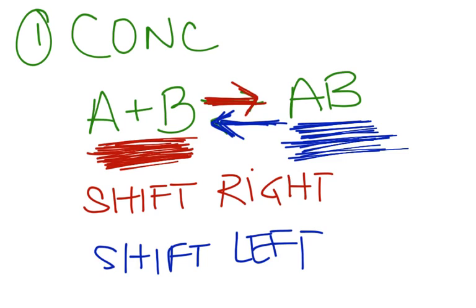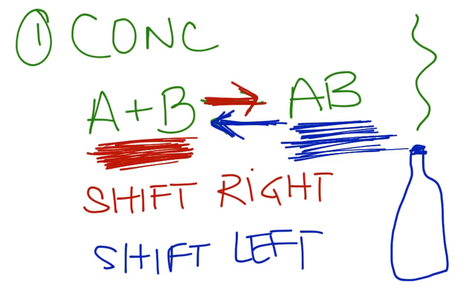It actually happens with your sodas. If you have a nice little bottle of soda, my gosh, that's the worst bottle I've ever drawn in my life. Just blame the fact that I'm drawing with a finger. When you open the top, the carbon dioxide whoosh comes out. But before you opened the top, the carbon dioxide, I'll make it green, was actually going back and forth between the air above the liquid and the liquid itself.